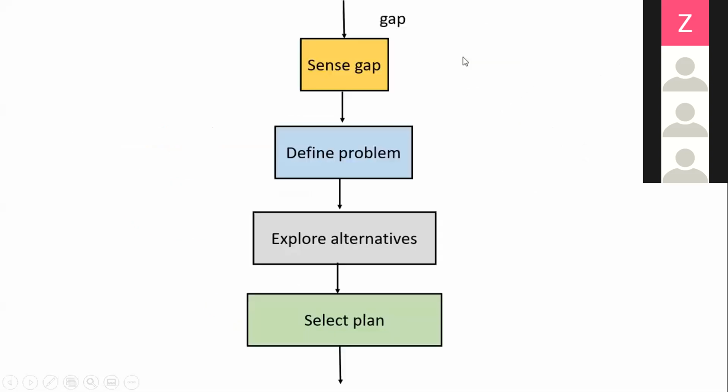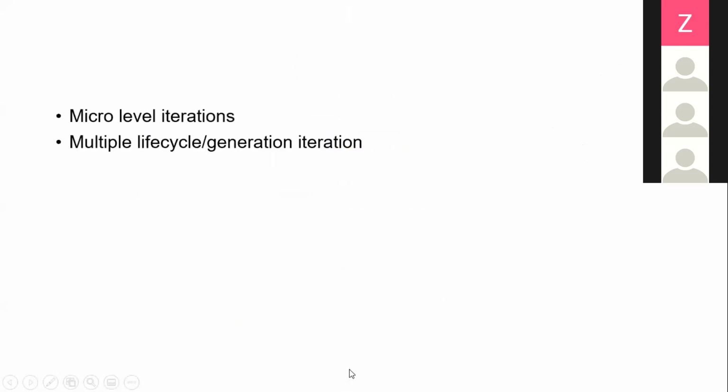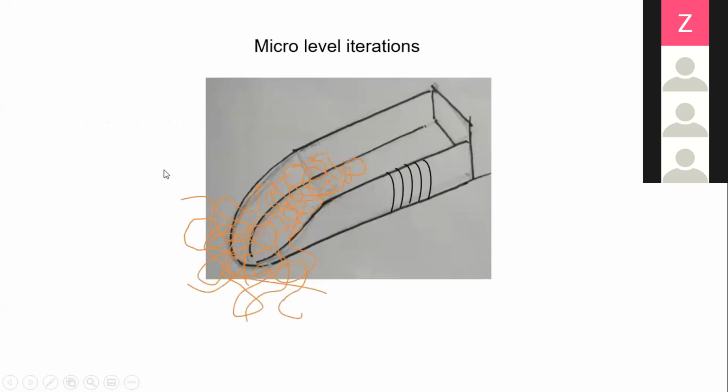So we have explored the alternatives, we have come up with the final plan. In the final plan, over time we might need to add micro level iterations or multiple life cycle iterations. So micro level, I'm just giving an example here, that maybe adding a little bit of a grip here, some grips so that we can hold it better, or adding a handle here so we don't have to hold this from here.